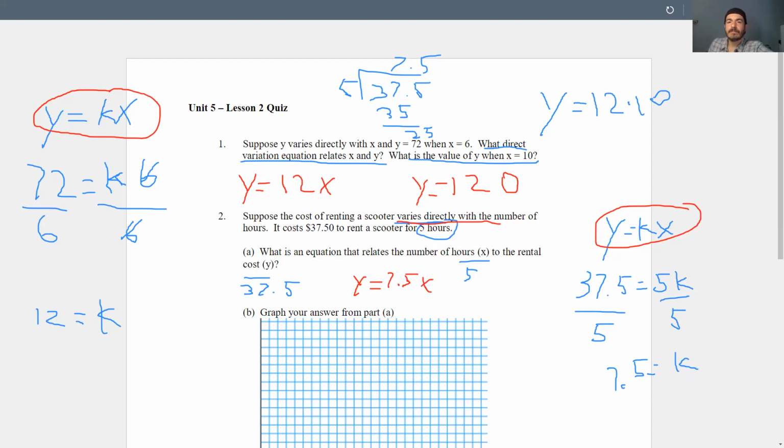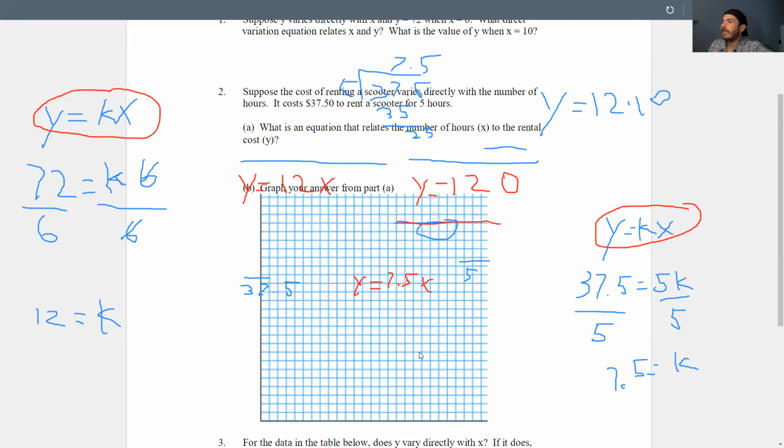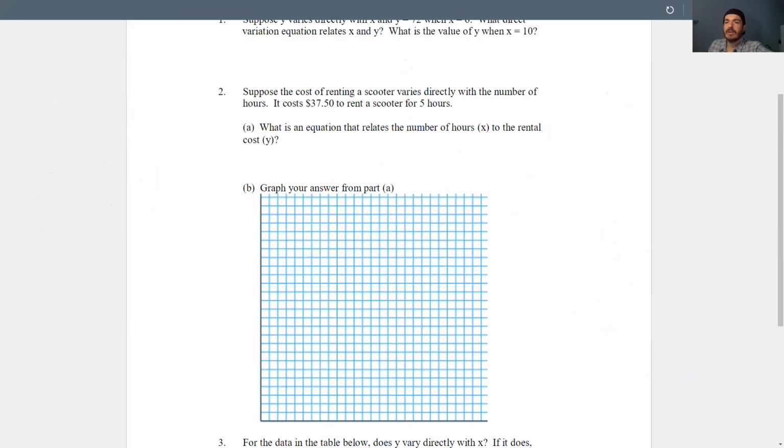Okay, let me just scoot this down a little bit. So I'm going to clear this up. You can always scroll back if you need the answer. I know that y is equal to 7.5x. I also know that this is linear because my slope, my direct variation constant, is constant.